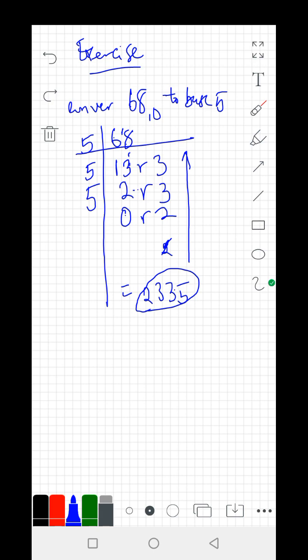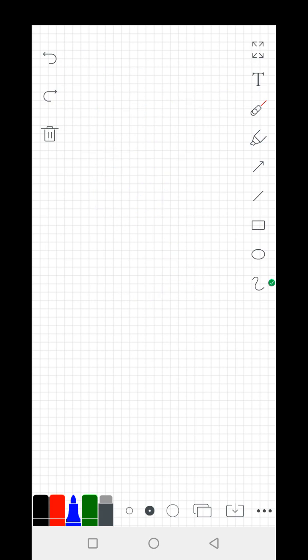So how about let's look at converting decimals from one base to base 10. All right, so let's look at this.